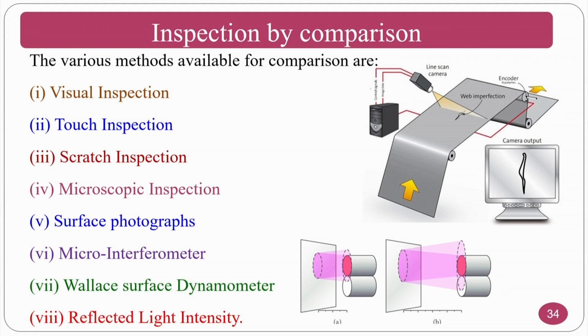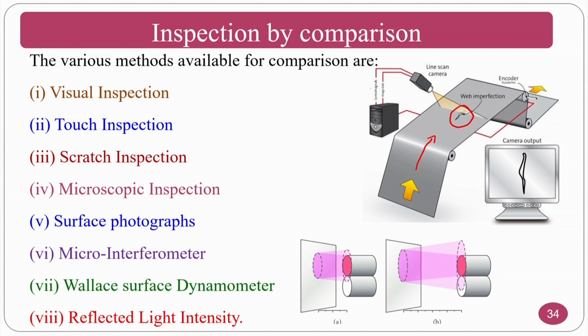The parts move on this belt, and whenever a part comes into the picture, it takes the image and inspects the surface, whether the surface is okay or not okay, and it will be decided.